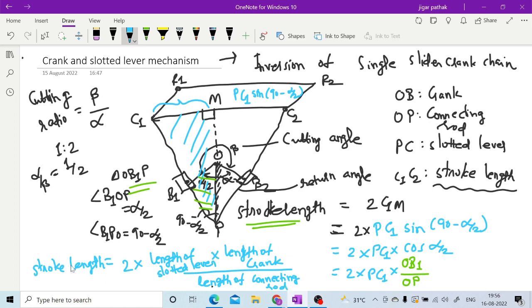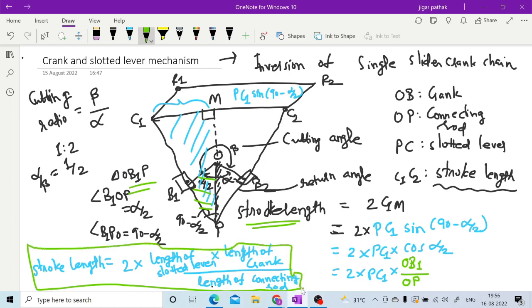So this is how you can get the stroke length from the lengths of the different links in this crank and slotted lever mechanism. Length of lever, length of crank, and length of connecting rod will give you the stroke length.